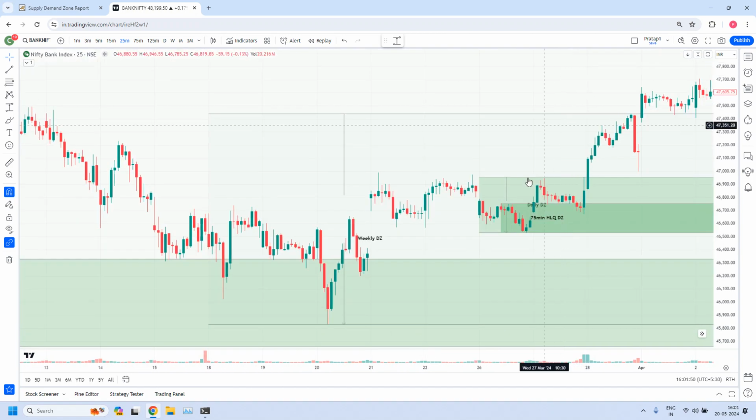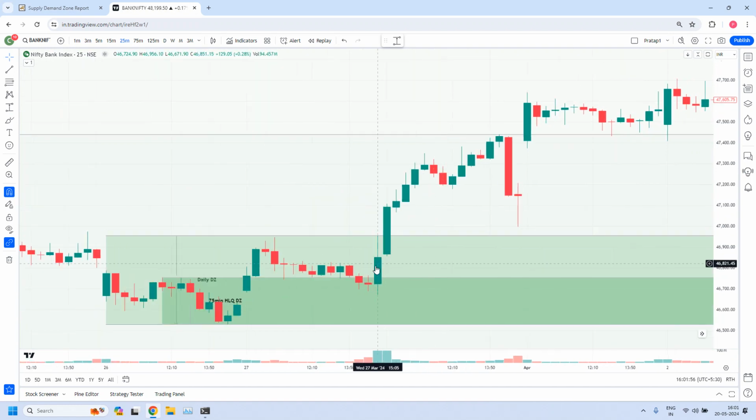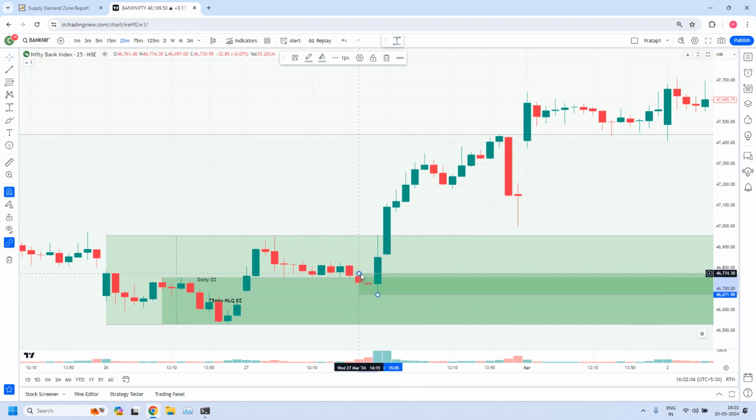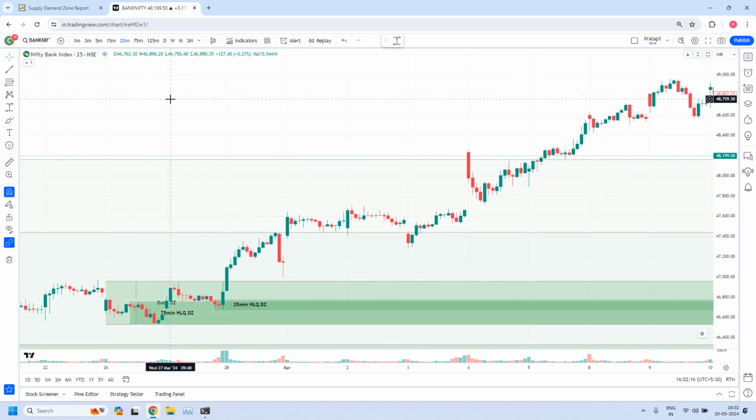So here we have a 25 minutes HLQ demand zone. The low priority demand zones you please draw on your charts.